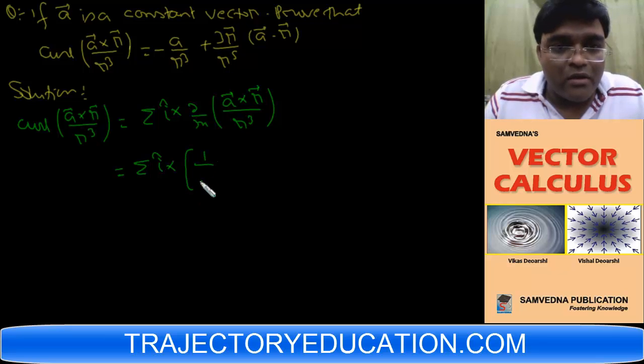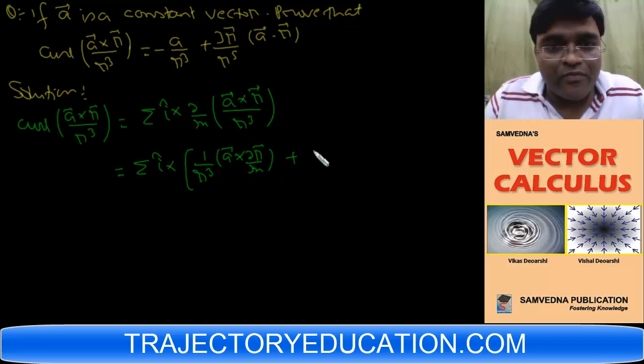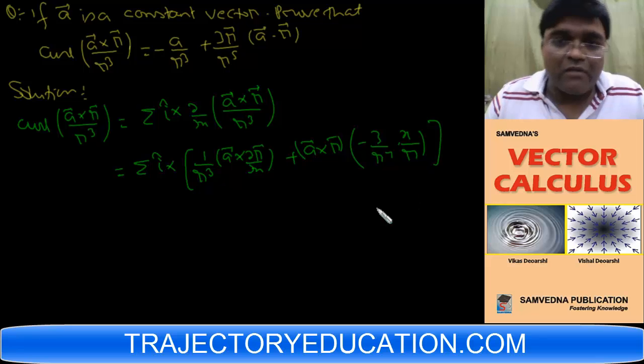This will be 1/R³ and ∂/∂x of A×R will be nothing but A×∂R/∂x, and if I differentiate 1/R³, what I will get is minus 3/R⁴ and ∂R/∂x, which will be x/R.